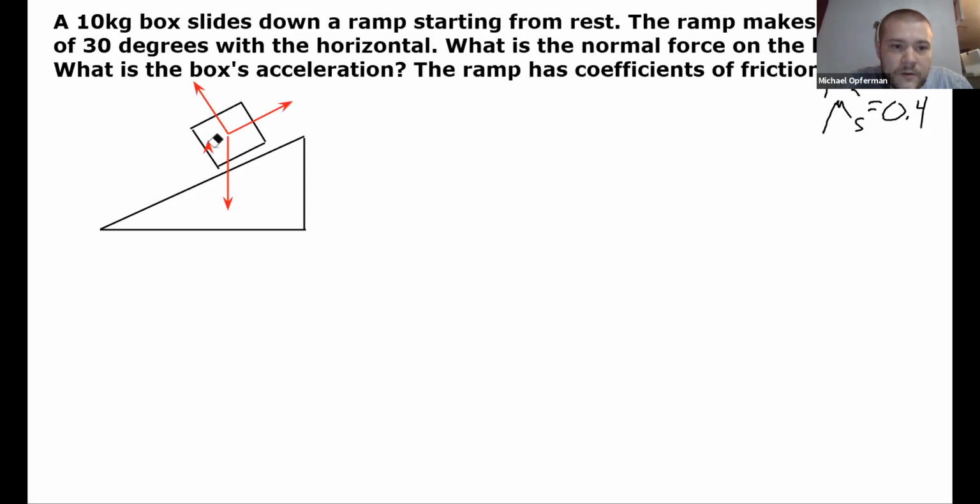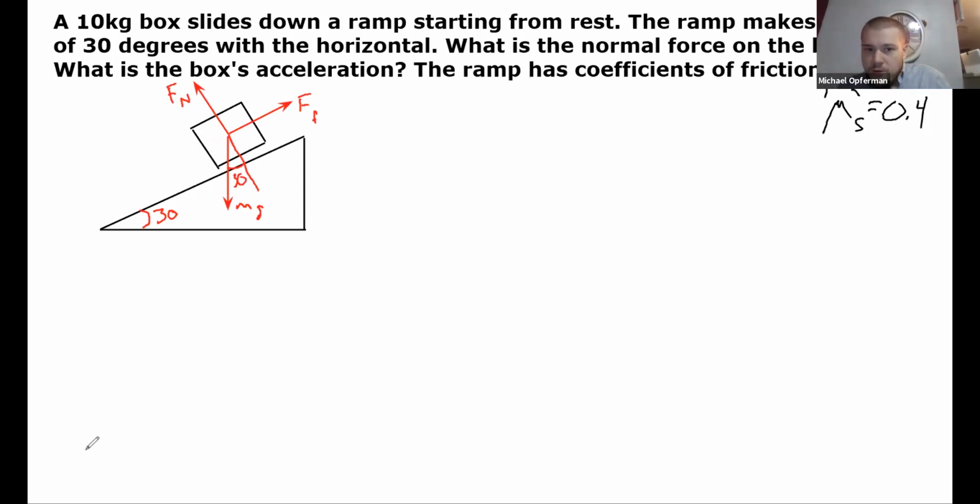Okay, let me label my forces. This is mg, this is friction, and this is normal. And this is a 30-degree angle here, the angle of the ramp. And as we showed in the previous video, that means this is a 30-degree angle here.